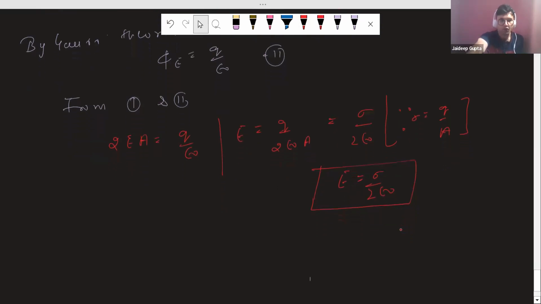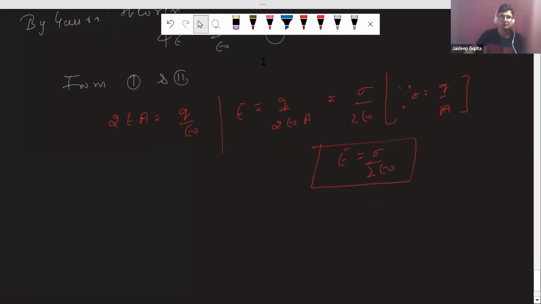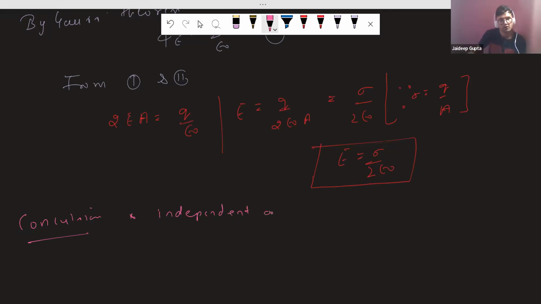So we can draw two conclusions. First, independent of distance from the sheet.